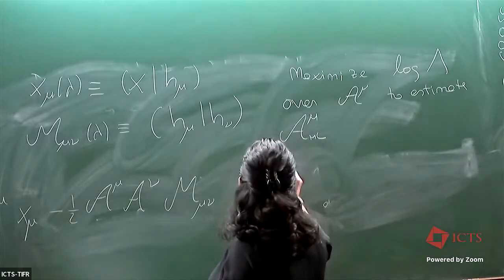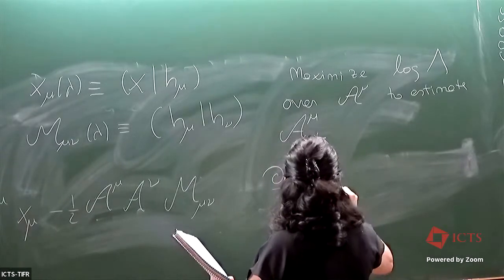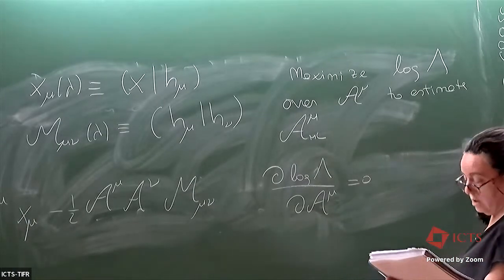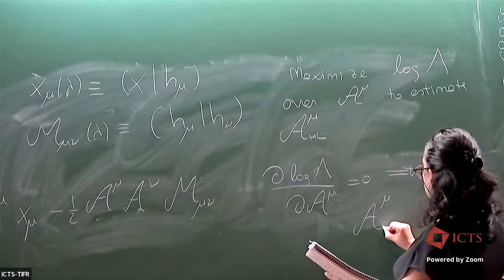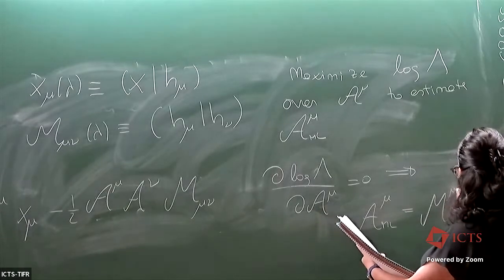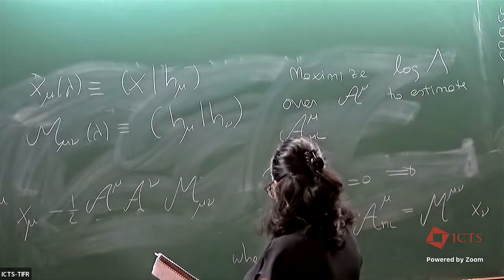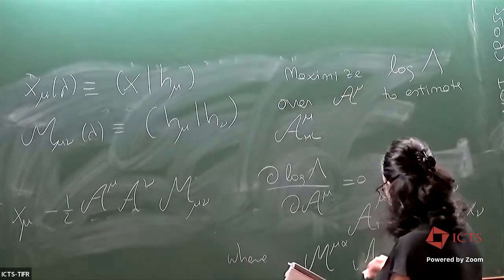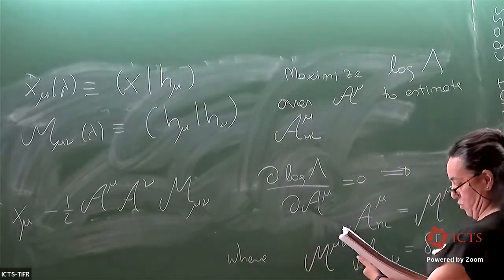Basically, what one has to do is to derive this quantity with respect to the amplitude parameters, make it equal to 0, and then from here, one gets that the amplitude parameters are m mu nu x nu, where one has to take into account that m mu alpha, m alpha third is nu.